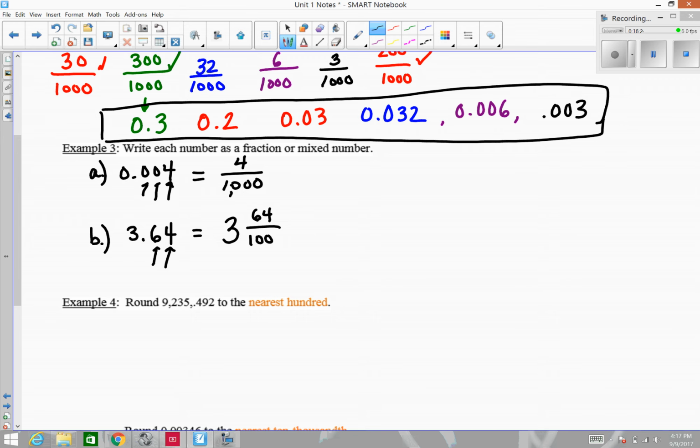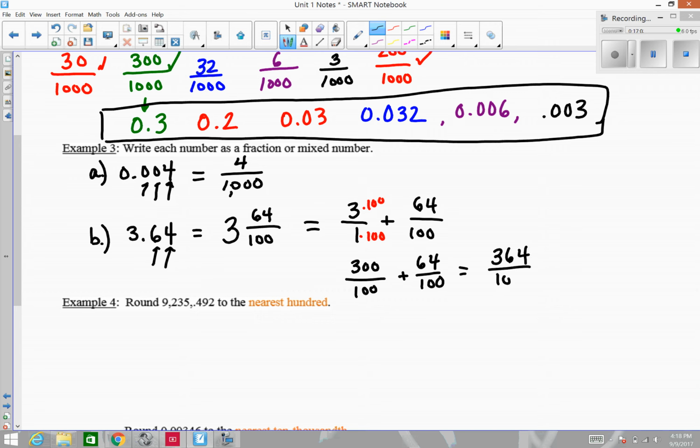Now if I wanted to write that as an improper fraction, I would have to think of this as 3 over 1 plus 64 over 100, and I would convert my 3 over 1 into hundredths so that I have common denominators that I can combine. So I would need to multiply the numerator and denominator by 100, which would be the equivalent of 300 over 100 plus 64 over 100, for a total of 364 over 100.